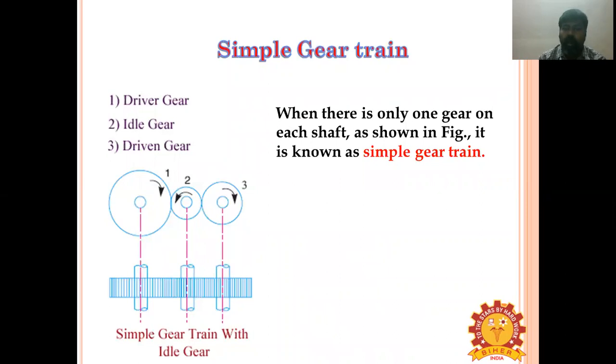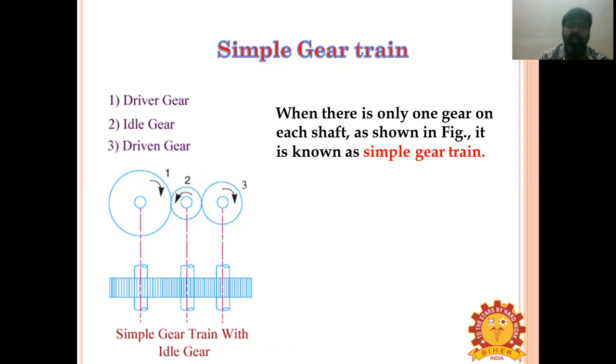Gear three is the driven gear, and two is the idle gear. The driven gear is otherwise called the follower. What is meant by an idle gear? We can call this idle gear an idler or intermediate gear.